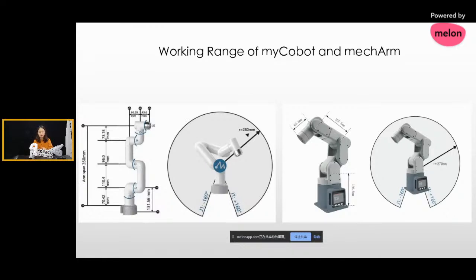First of all, they are relatively small, like these two desktop robotic arms. They might be a little bit bigger, like the myCobot 600. They are taller, but they have sensitive sensors that can sense when a human is near, and they will stop working if there is an emergency.